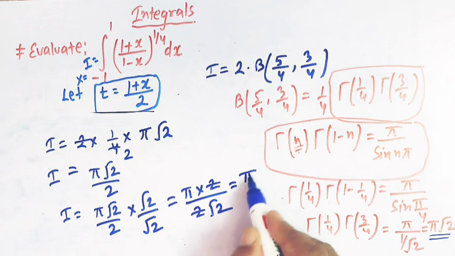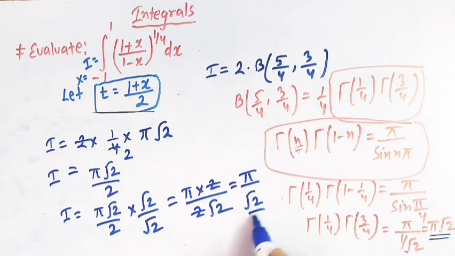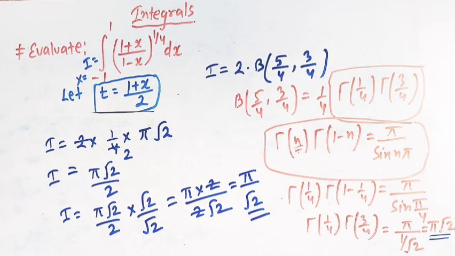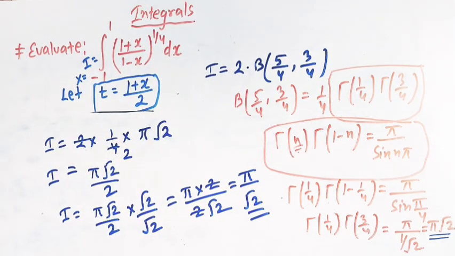So we are left with pi over square root of 2, right? So viewers, the value of this integral is equal to pi over square root of 2. So this is how we can solve these kinds of integrals by making use of all these important results from beta and gamma functions.